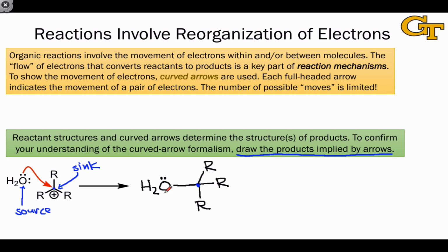That count of 5 indicates that the formal charge on this atom is +1. The carbon atom that served as the sink is now neutral. It's a plain tetrahedral carbon with 4 bonds to atoms. So notice here again that the electron source, the oxygen atom in this case, has increased in charge by 1 unit, and the electron sink, the carbon atom here, has decreased in charge by 1 unit.